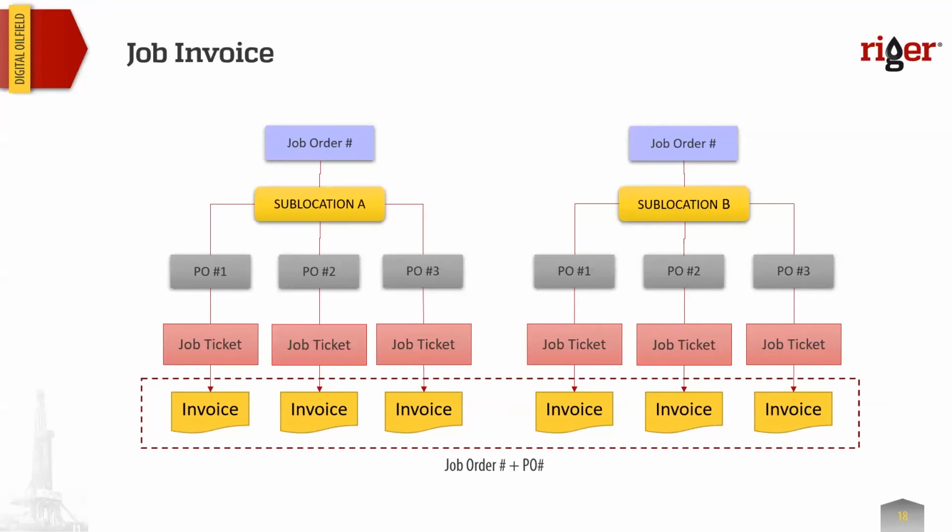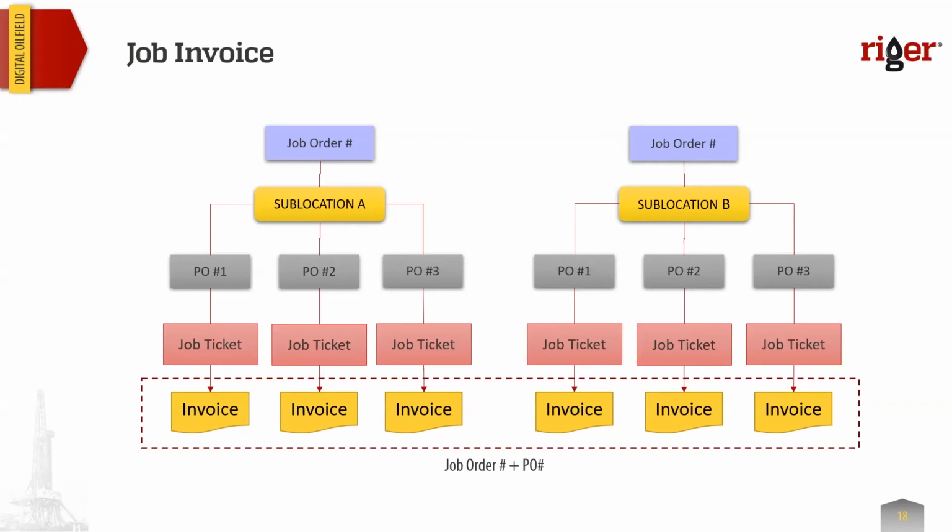For the current configuration of this module, we generate an invoice per each job ticket. Remember that we are talking about a one day scenario, and you may have multiple job tickets, which will have different PO numbers, different job order numbers.